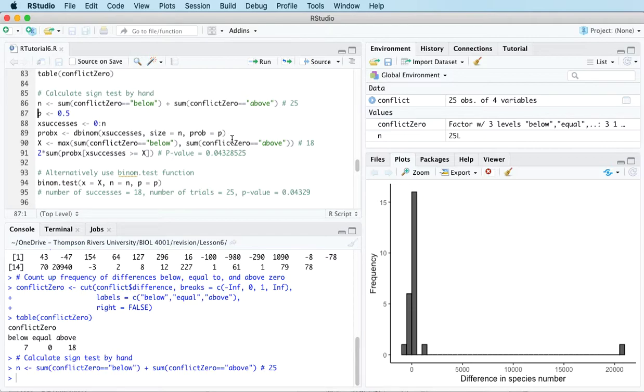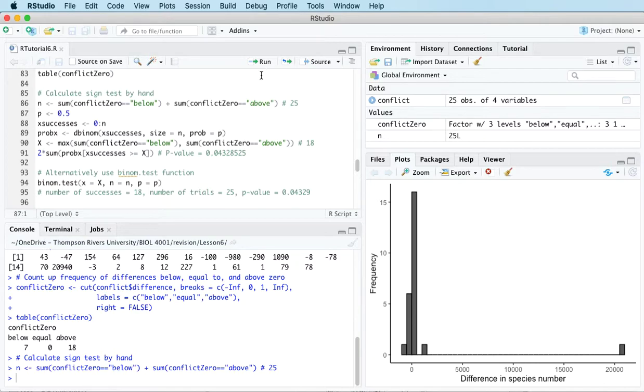We covered the binomial test in one of the earlier lessons, and what we're doing now is just applying a binomial test to this table, essentially ignoring the category in the middle. So we've just got 2 categories, negative differences and positive differences.